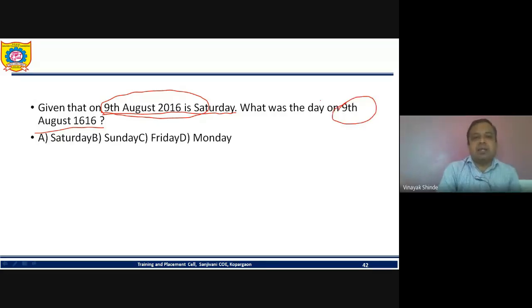Okay, so after 400 years, the same cycle we will have. So whatever the day it is there, the same day we will get on 9th August 1616.